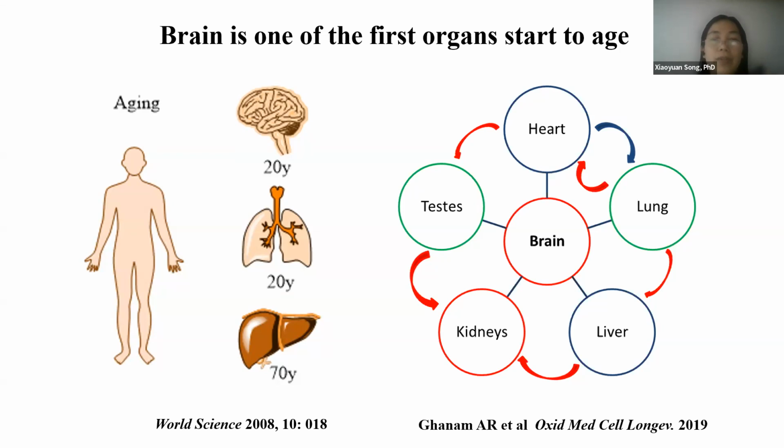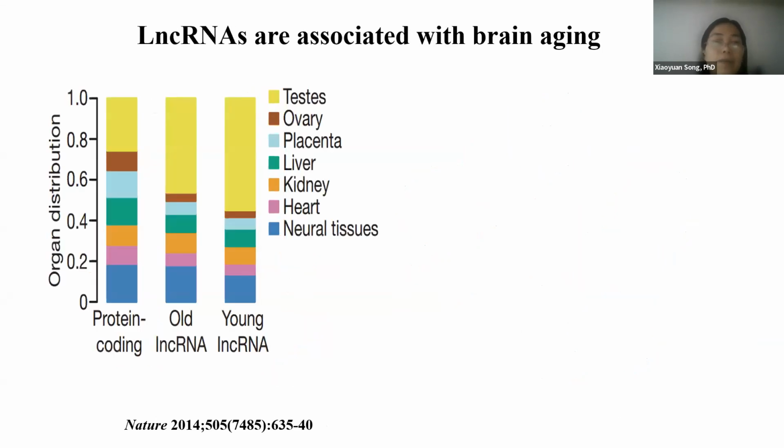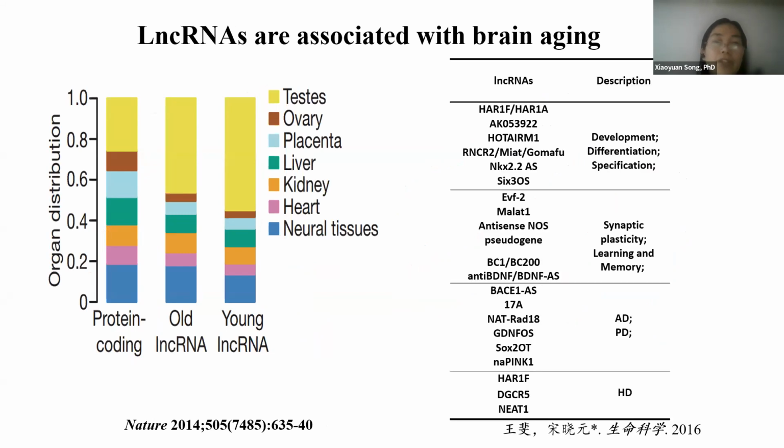Our work shows that in mice, brain and kidneys are the most sensitive to age signals. Next, please. Neuronal tissue is second only to testes in having the most abundant and varied non-coding RNAs, and many non-coding RNAs have been shown to be associated with brain aging. However, whether they have real function, we don't know, and there are also many non-coding RNAs yet to be discovered and studied.